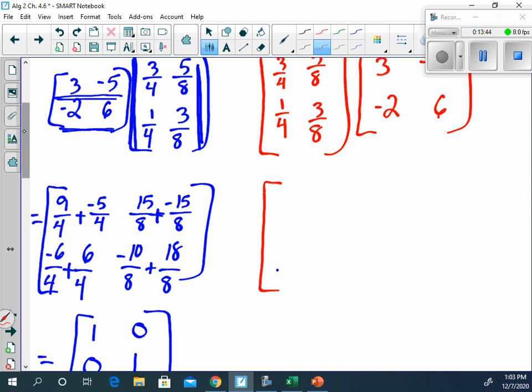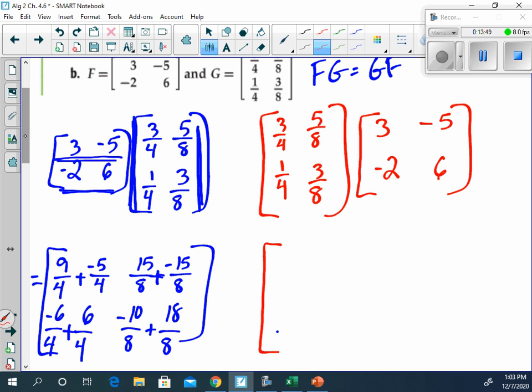Now, if we do this multiplication over and down, the first one's going to be 3/4 times 3, which will give us 9/4. Okay, this is kind of lining up just like the one before, yes? Now, let's see the next one. That would be 5/8 times negative 2, which would be negative 10/8.